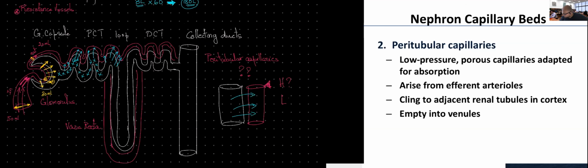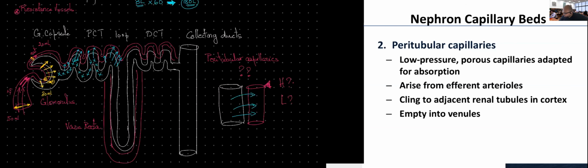To get fluid back, would I have high pressure or low pressure? Try to imagine high pressure is pushing. Low pressure, suction. So which one would you like to have in the peritubular capillaries responsible for absorption? Low pressure, exactly.